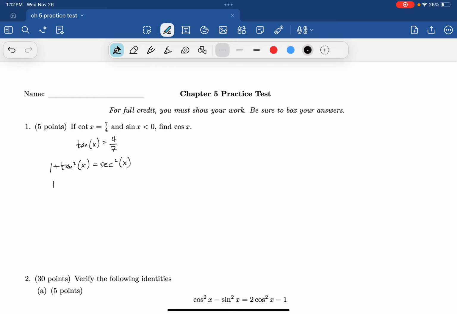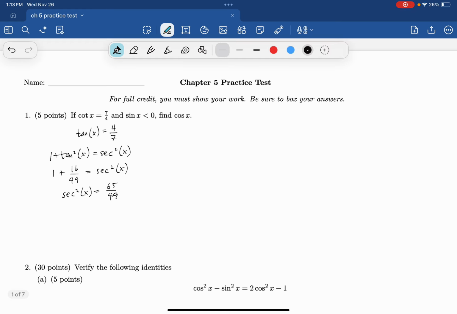So that tells us that 1 plus 16 over 49 equals secant squared x. And so secant squared x equals 65 over 49.